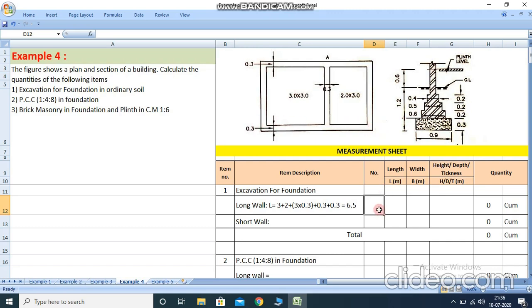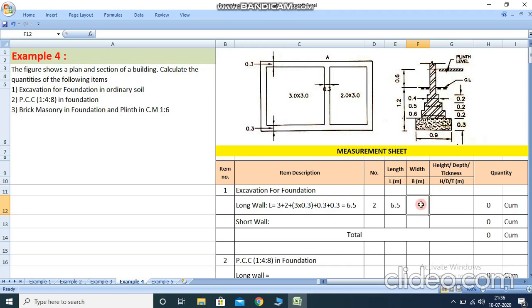So we write the number as 2 and the length we calculated, 6.5 meter. The width of the excavation is the width of the footing, meaning the PCC bottom part excavation width is 0.9 meter.